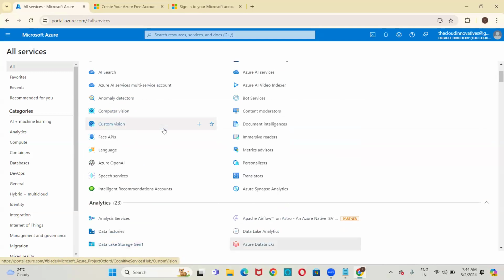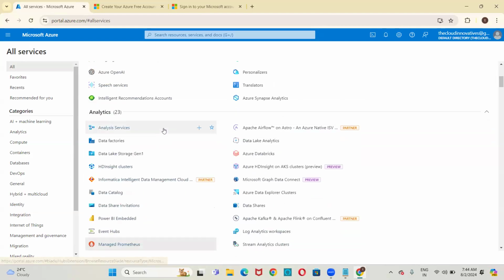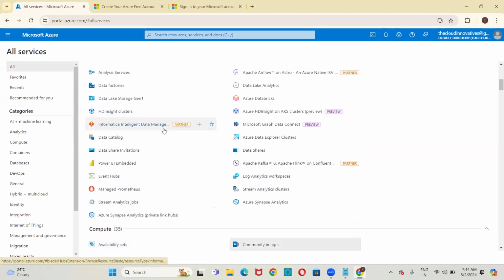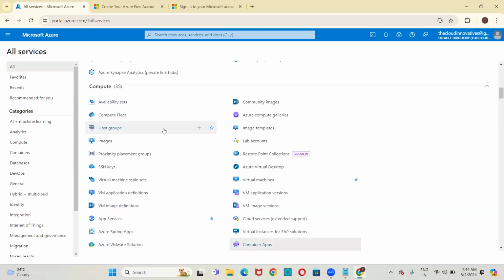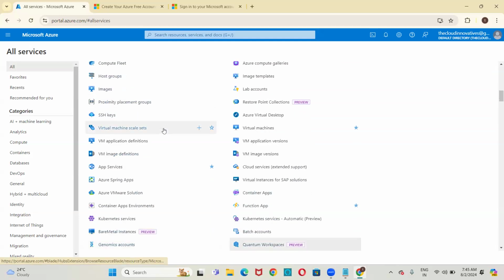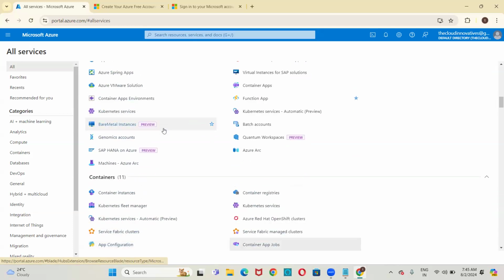Then you have analytics services, analytics, compute, containers. See, these are the storages.